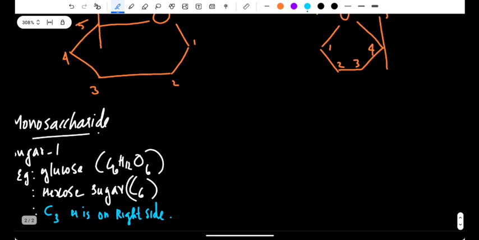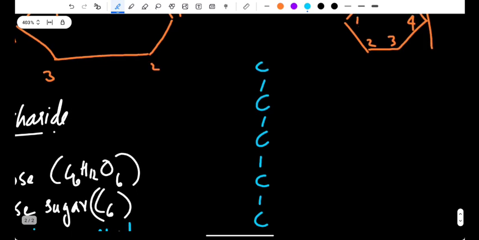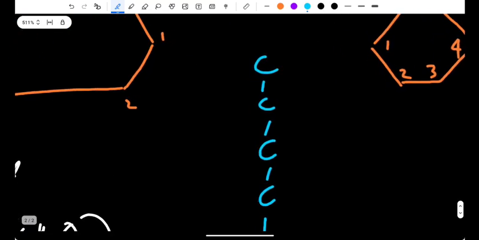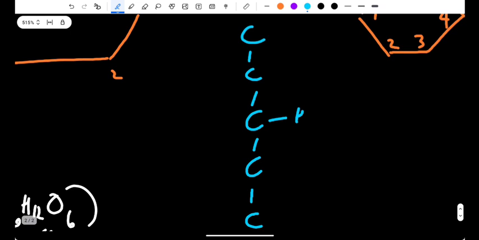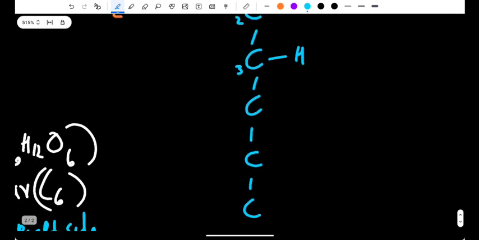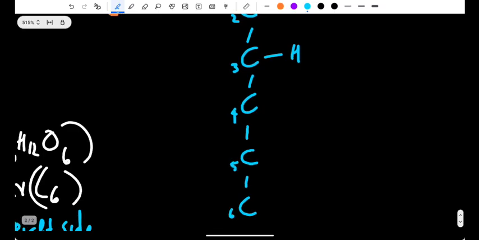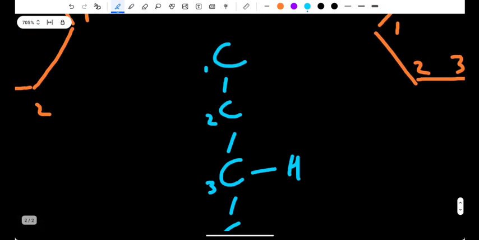How many carbon? 1, 2, 3, 4, 5 and 6. Okay, 6 carbon. Then third position, H is on right side. So in this, H is on right side.